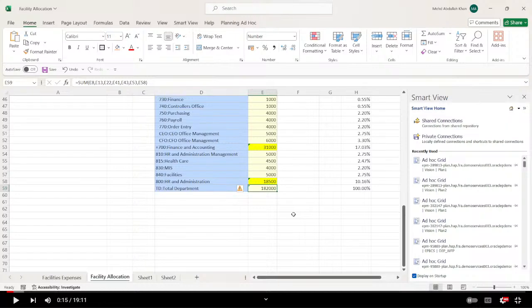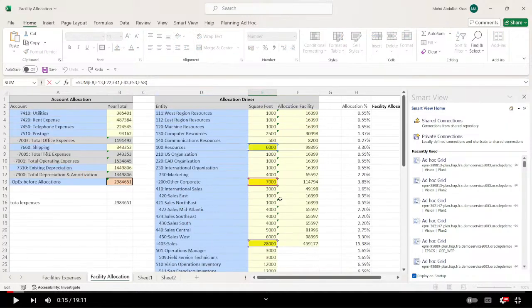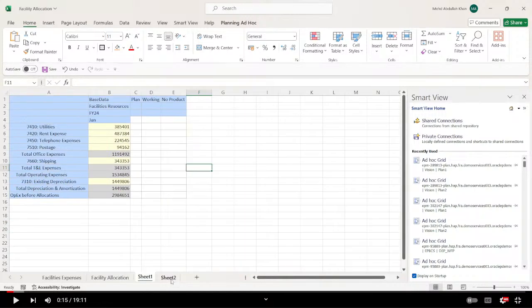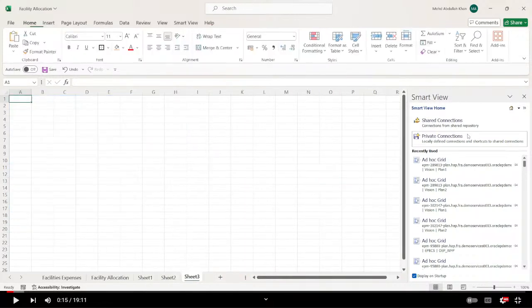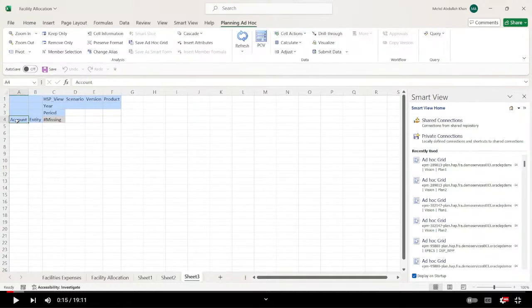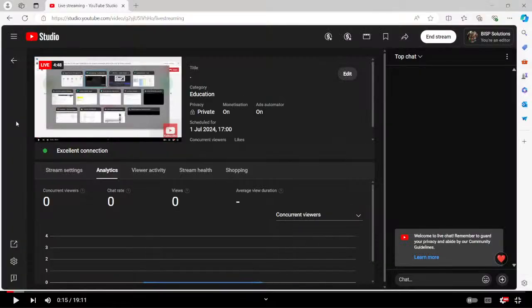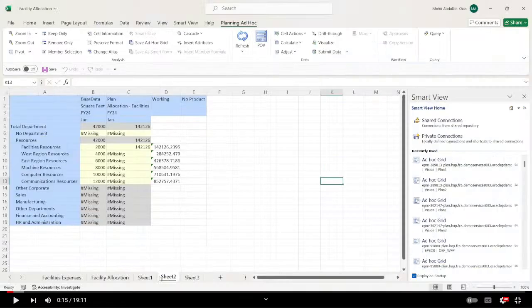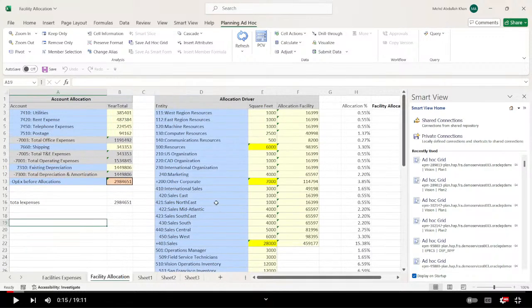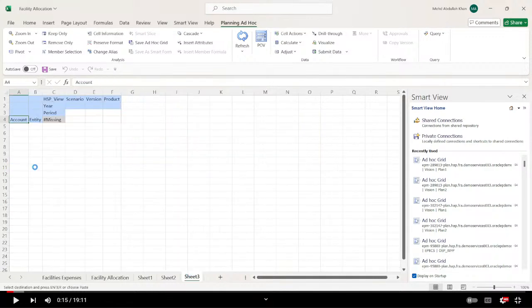If I want to show you the formula, let me show you through Smart View. That would be better, I think. I have accounts right here, square feet.